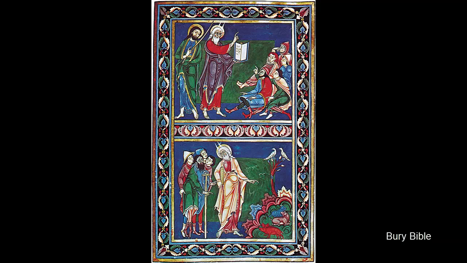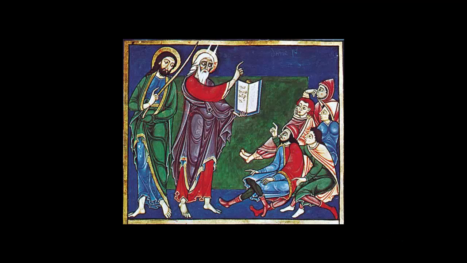This page from an illuminated manuscript, the Bury Bible, shows two scenes in which Moses, depicted with a halo, explains the law to the Israelites. In the upper scenes, Moses explains the Ten Commandments as he lifts his hand in a gesture of teaching and blessing toward the small group seated on the ground and listening attentively.